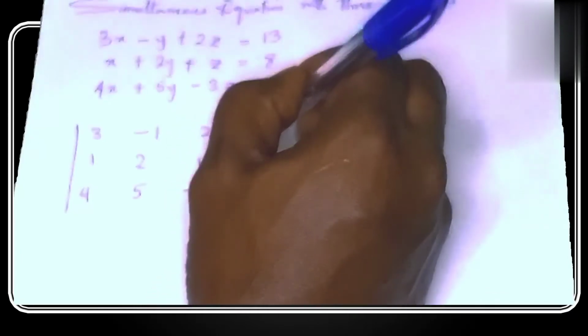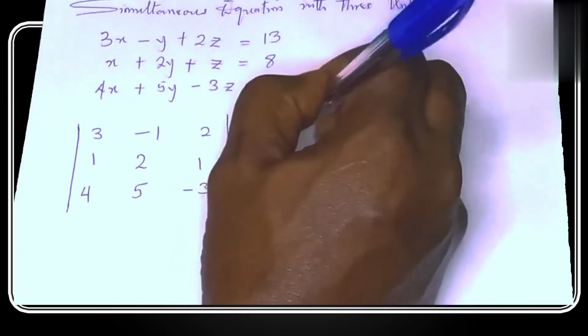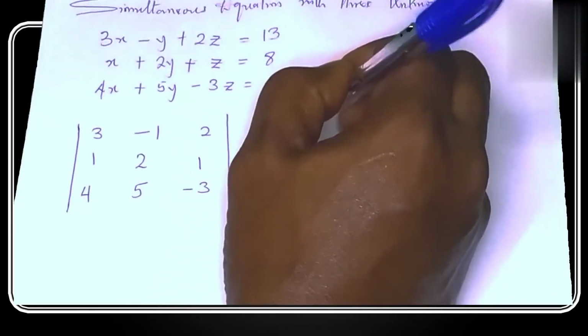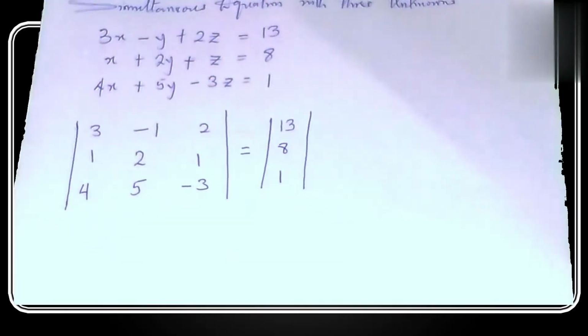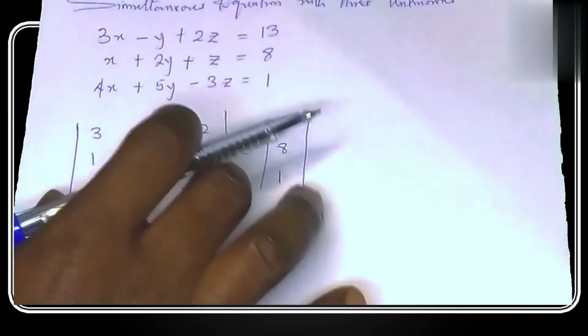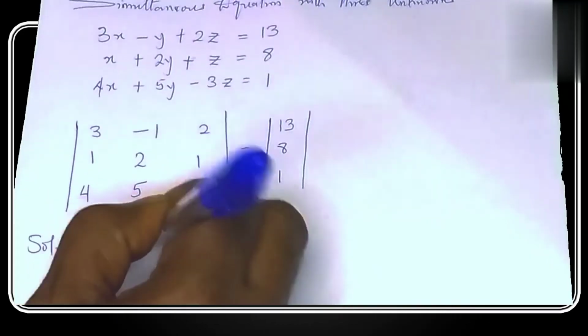Now we'll arrange these into another matrix set. If you look closely, you realize that this is a 3 by 3 matrix, while this is a 1 by 3 matrix. Now, the first thing to do is to find this one out. For me, I would like to solve for x.